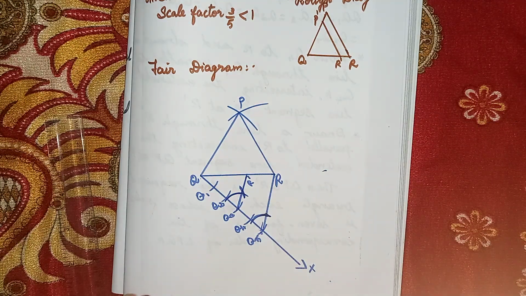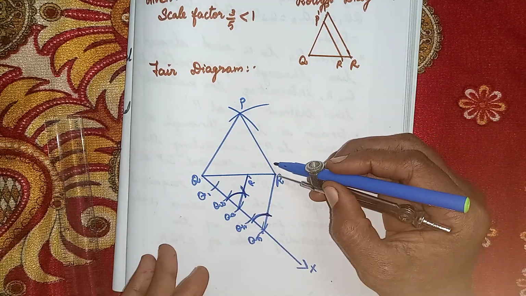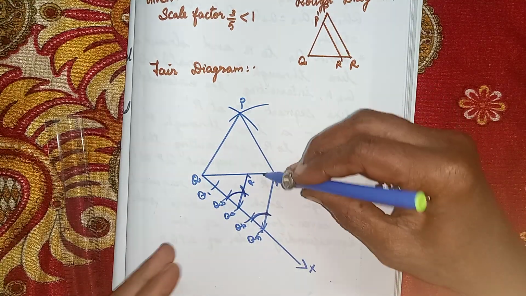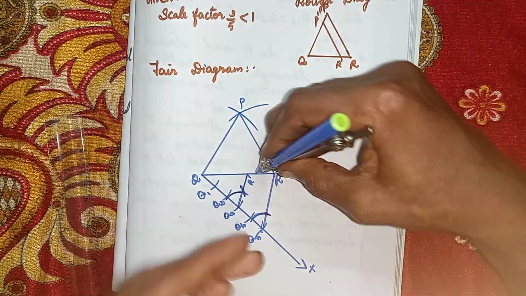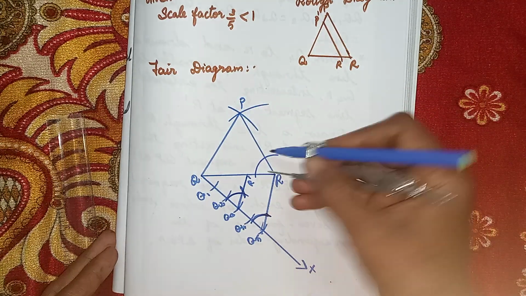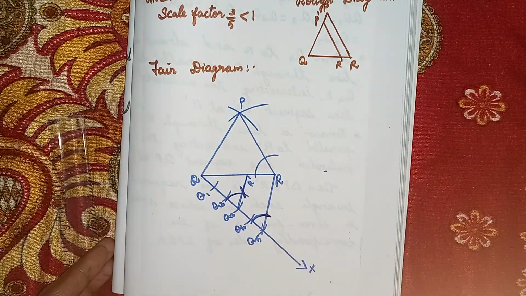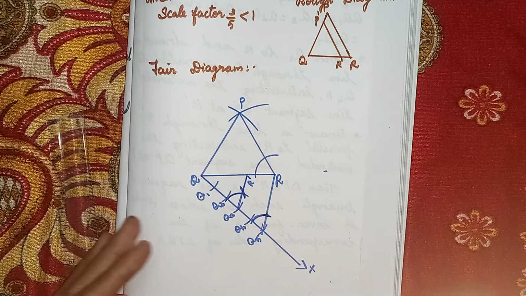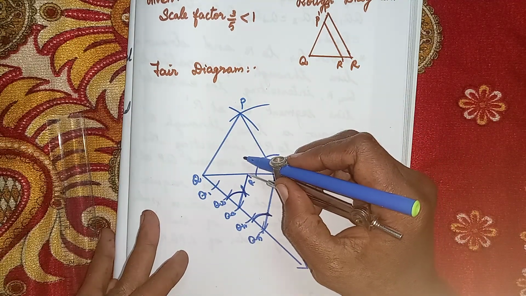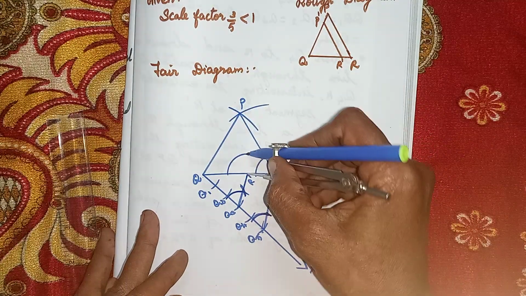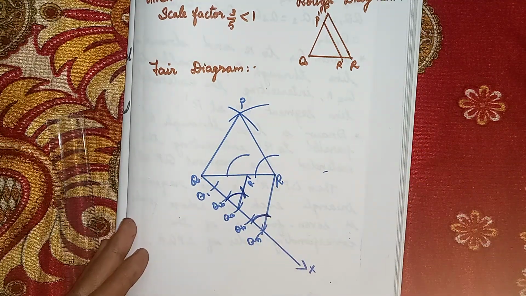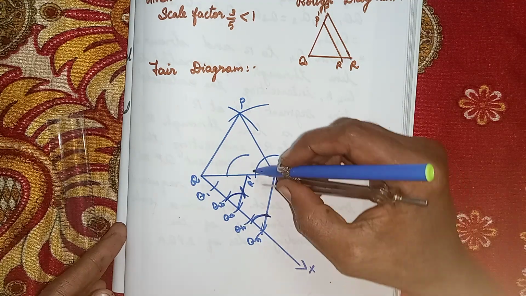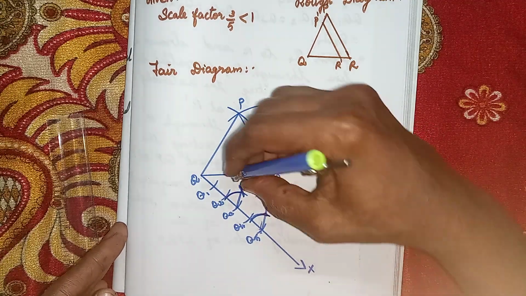Now again we have to draw an arc from R, with any measurement. Afterwards, from R dash also you have to draw an arc with the same measurement.